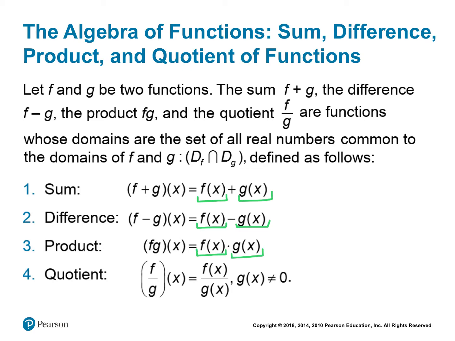And the quotient, you divide the two functions together. And again, the denominator, this bottom part, cannot equal 0. So that's why this one has that thrown at the end. And this part, again, this means the intersection, the domain of f, and where it intersects the domain of g. So we'll look at some examples to make sense of these problems.